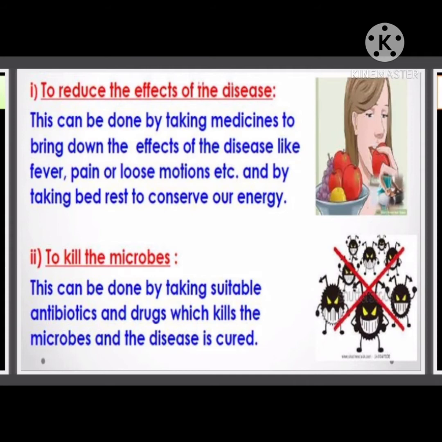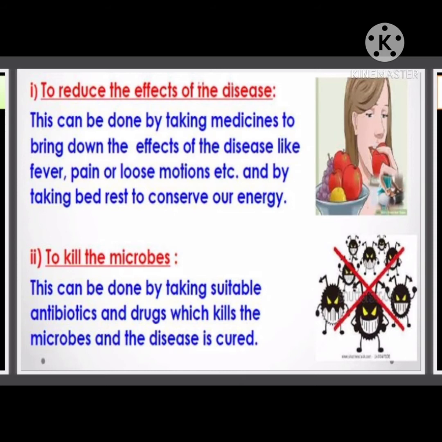This is the first step of treatment: to reduce the effects of the disease. Okay, and also we can have bed rest to conserve our energy. This kind of symptom-oriented treatment or first aid is enough to reduce the effect of the microorganism present in our body.